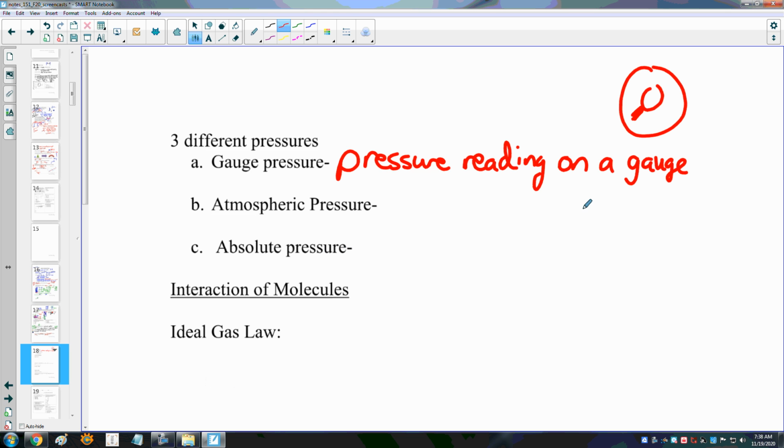So if I imagine my tire and I put my gauge on here and I read 32 psi, pounds per square inch. By the way, that's approximately equal to 2 atmospheres. So my 32 pounds per square inch, that's my gauge pressure, and that's just the pressure reading that you get on a gauge.